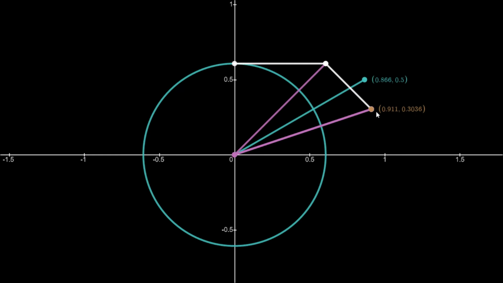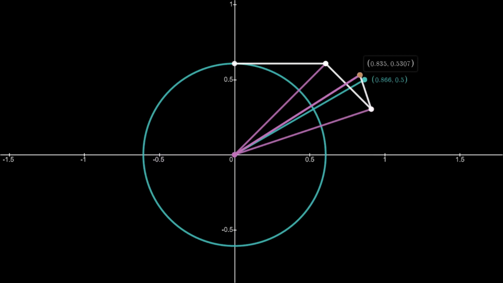Now that we've rotated to this second point, we look and find the x distance. You can see the x distance here is 0.911, and it's greater than 0.866. So we're going to have to rotate in the opposite direction with the next approximation. Our next rotation angle is 14 degrees. Again, you can see now that the point is 0.835, which is less than the distance 0.866, so we're going to have to rotate in the opposite direction.